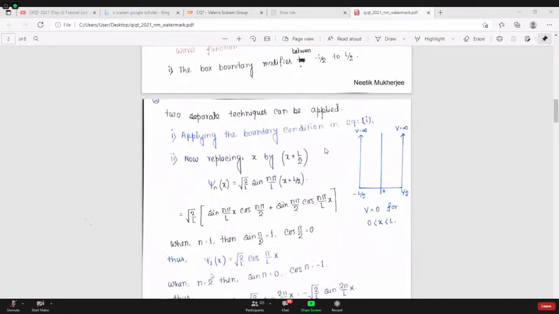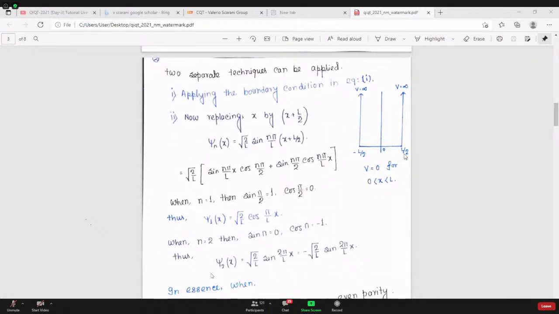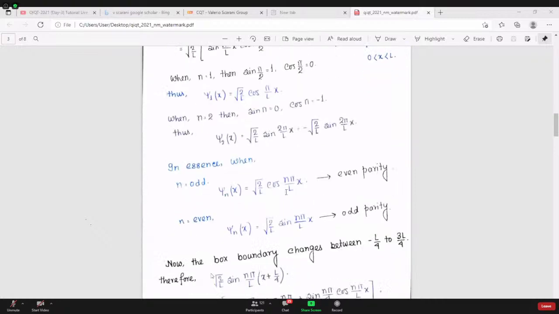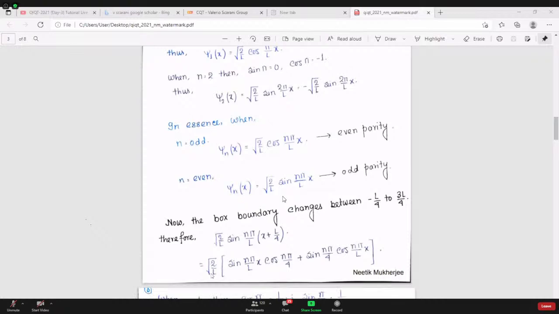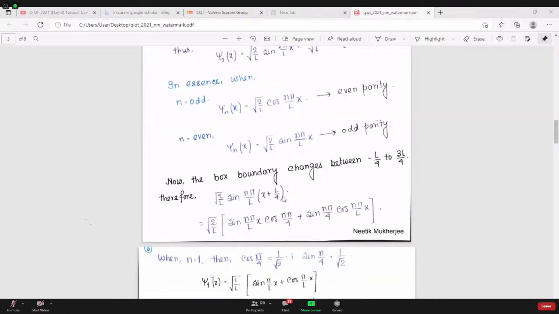When we move to minus L by 2 to L by 2, the wave function changes depending upon the value of n: when n is odd, we get a cos solution, and when n is even, we get a sine solution. Further, keeping the box length the same, if we change the boundary from minus L by 4 to 3L by 4, then what will happen?